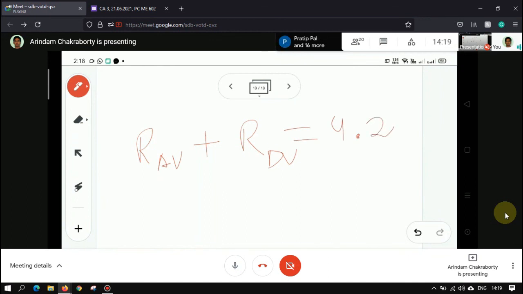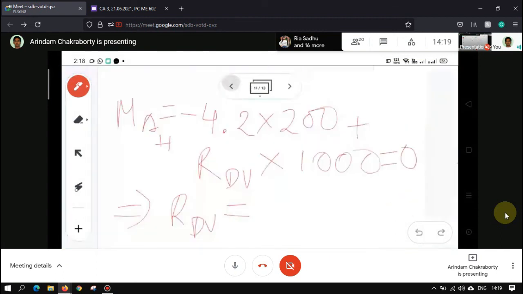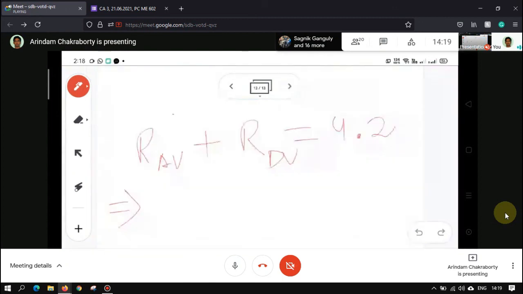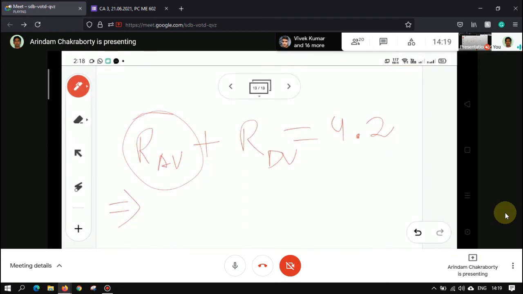We know RDB, so I can get RAB. Is that clear? So that's it, we can find it. Similarly for the horizontal load also. So this will continue in the second half, and we'll go for the shape also.